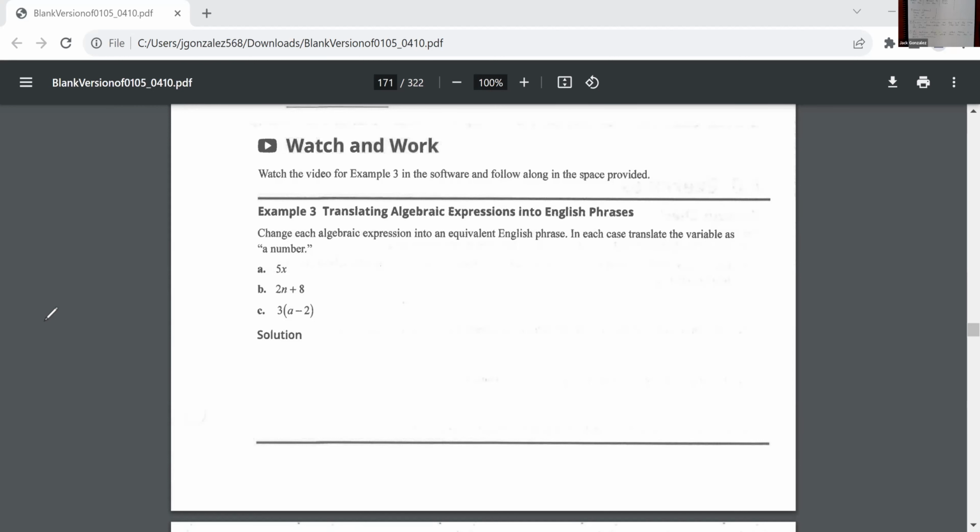5 times x. Yeah, you could say 5 plus x. How to write it in English? What is x though?